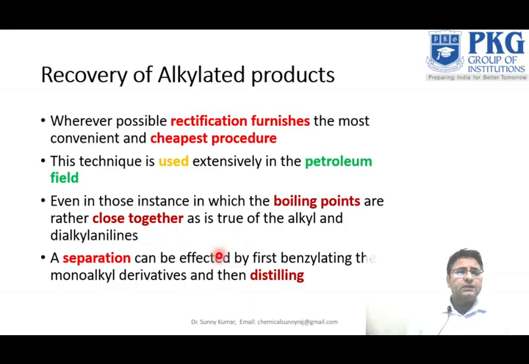A separation can be effected by first benzylating the monoalkyl derivatives and then distilling.